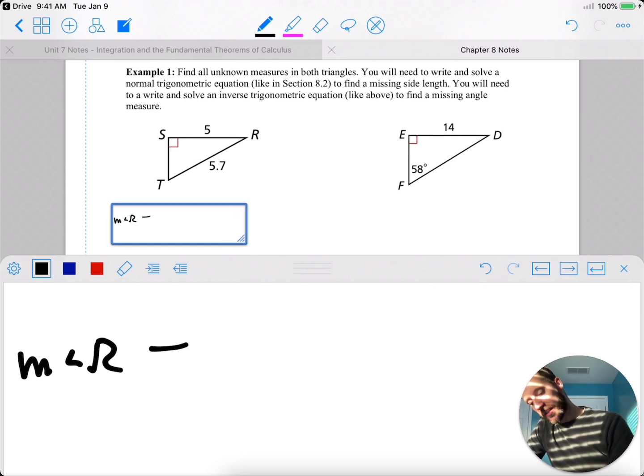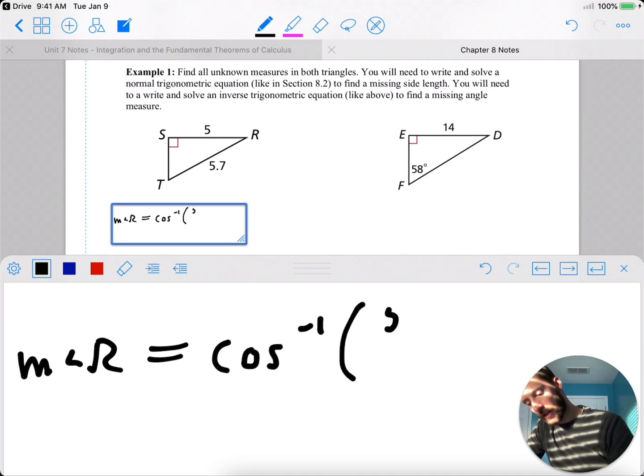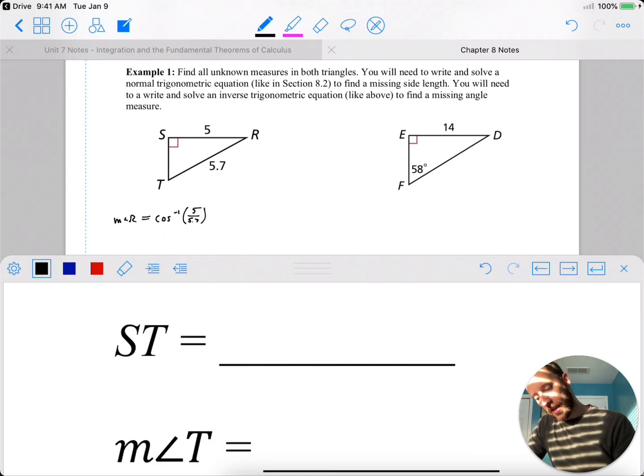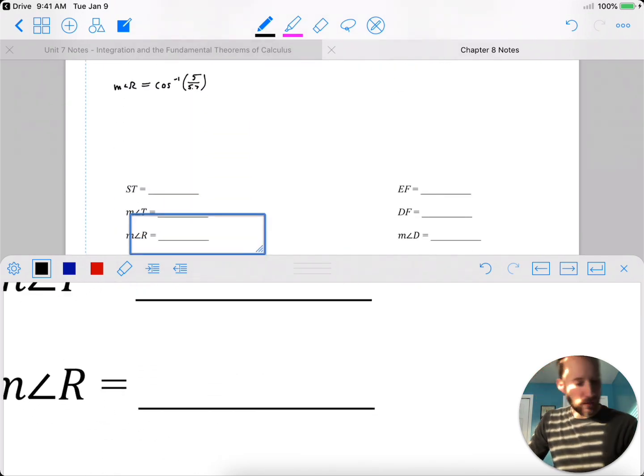So adjacent and hypotenuse, this is going to be inverse cosine of 5 over 5.7. On the calculator, inverse cosine of 5 over 5.7, and you get 28.694 degrees.